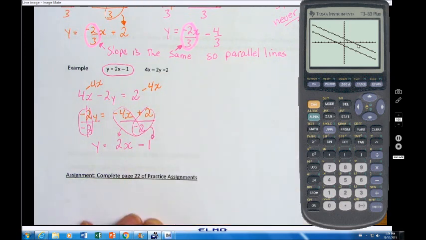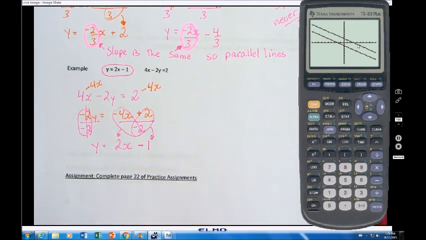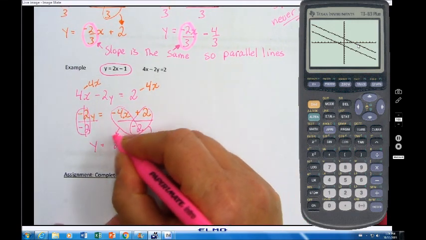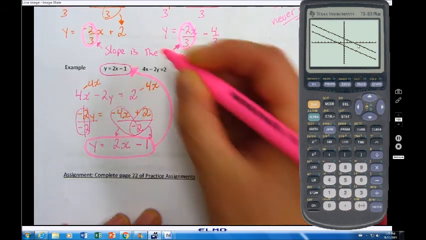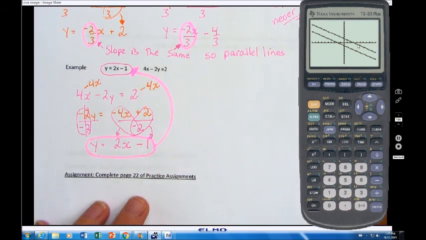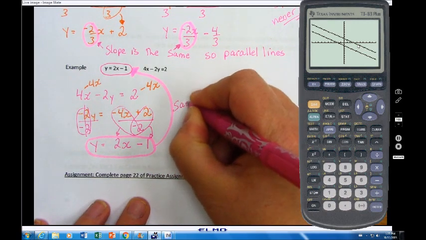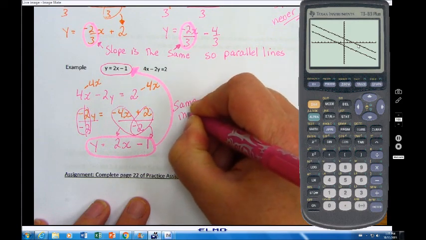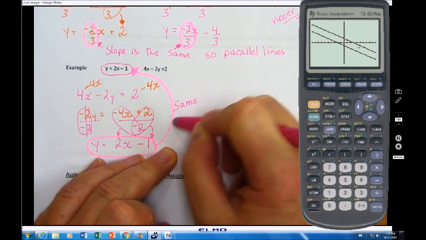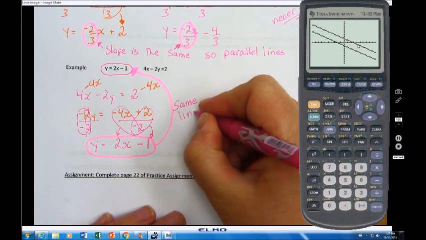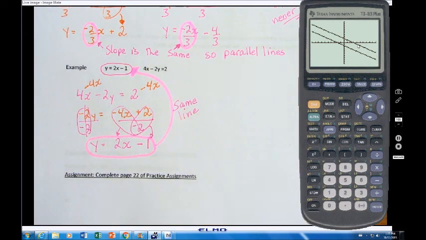And then 2 divided by negative 2 would be negative 1. Notice what we have here. It's the same line. So if we graphed it, we'd be just graphing the same line over top of the same line.